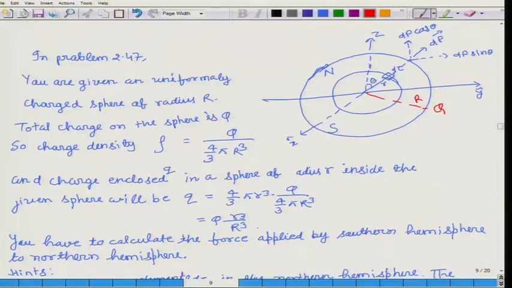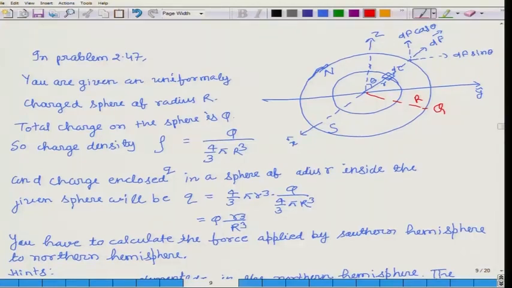So, you have to calculate the force applied. So, what is your problem? Let us call half of this sphere the southern hemisphere and the other part the northern hemisphere. So, you have to calculate the force applied by the southern hemisphere on the northern hemisphere.